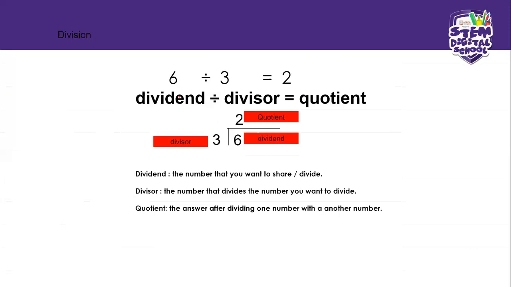If you find that you have a remainder that is more than your divisor, you have a problem. So it's very important that you remember all of these things in division. Very, very important. All right, next slide.